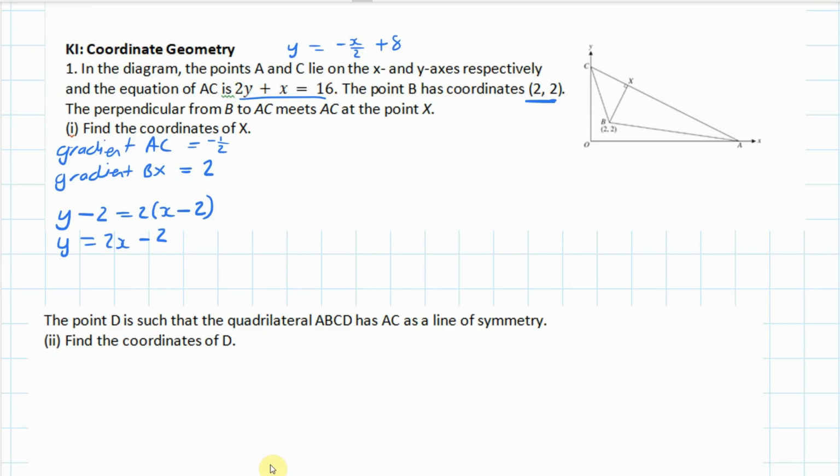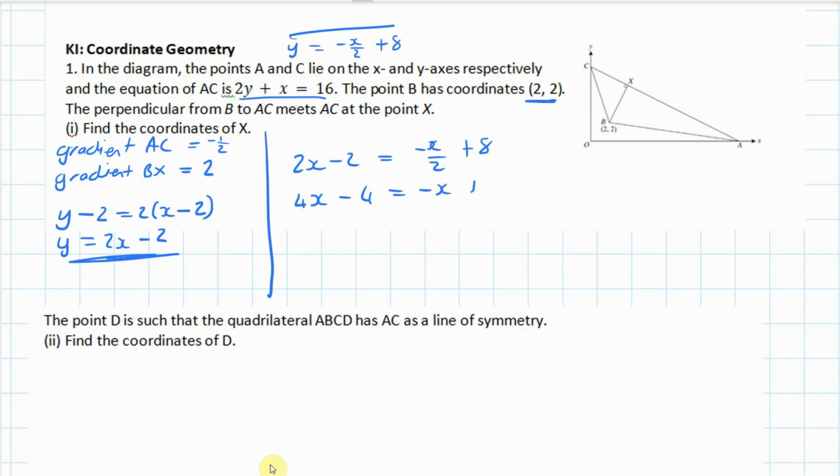Okay. And now we know that this equation and this equation meet at some point. So we're going to set them equal to each other. So I'm going to go 2x minus 2 is equal to negative x over 2 plus 8. Now, I'll multiply everything by 2 to get rid of that fraction, just because I want to.